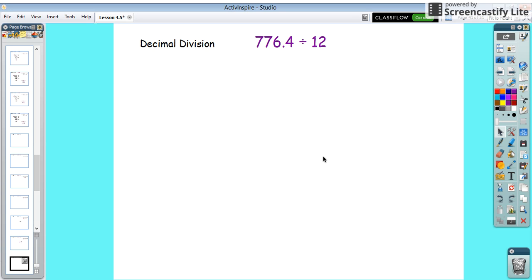Now we've got our last one right here. We've got 776 and 4/10 divided by 12. Well, we're going to do an estimation number model. 776 and 4/10 is close to 800, and 12 is close to 10. So I'm going to round to these numbers. We've got 800 divided by 10, which is equal to 80.